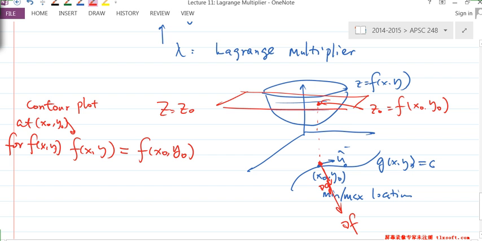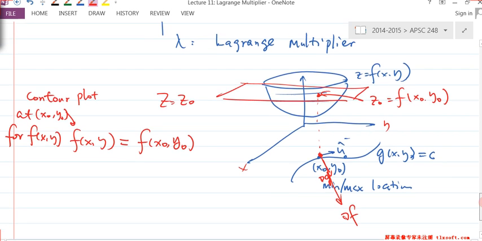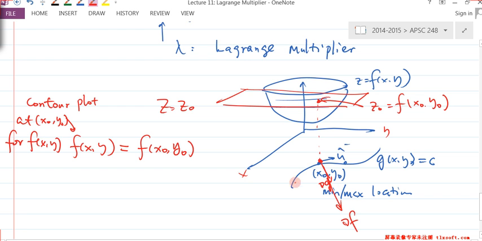If I draw it, it's gotta be something in the xy plane, something like this here. I'm not going to draw it yet because I need a vector here. Del G is perpendicular to this contour plot. What about del F? Del F must be perpendicular to this contour plot. Does that make sense? So del F is perpendicular to this one.